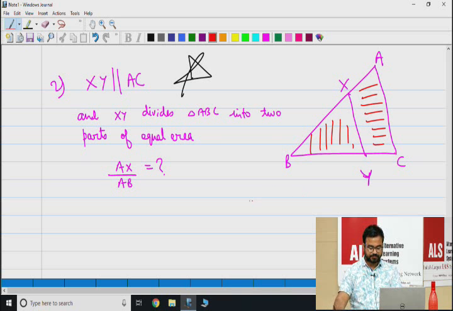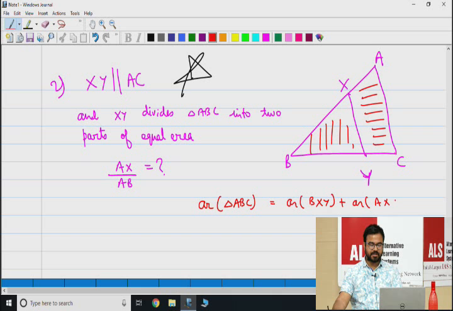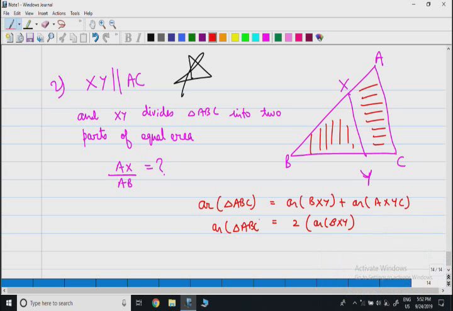So we can say the area of triangle ABC, the larger one, is made up of the area of triangle BXY plus the area of AXYC, and we know these two are equal. So we can write this as twice the area of BXY. So area of triangle ABC is equal to twice the area of BXY. This is the thing we know.